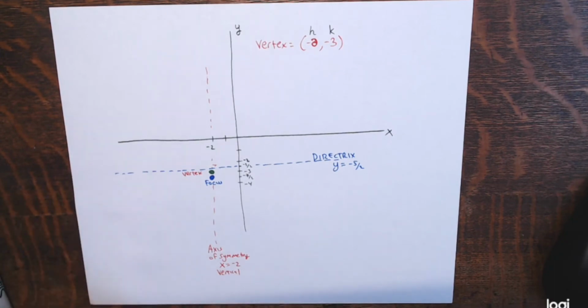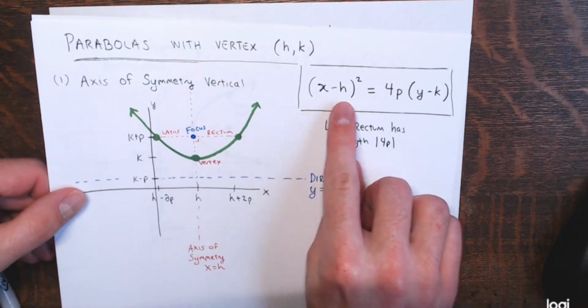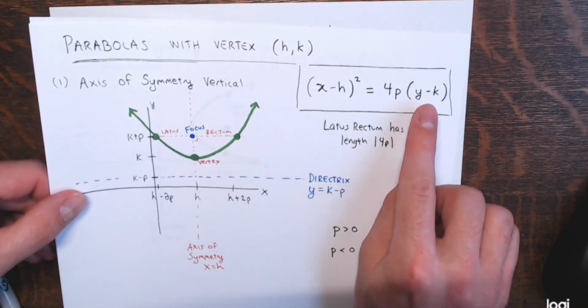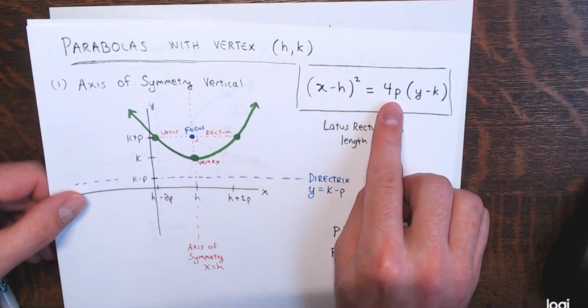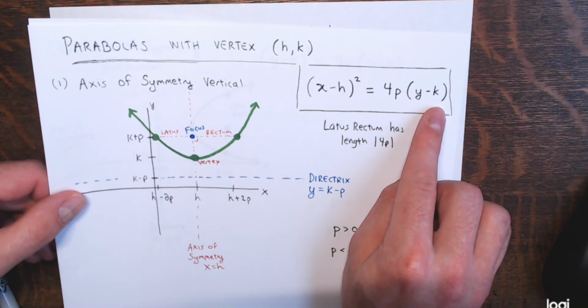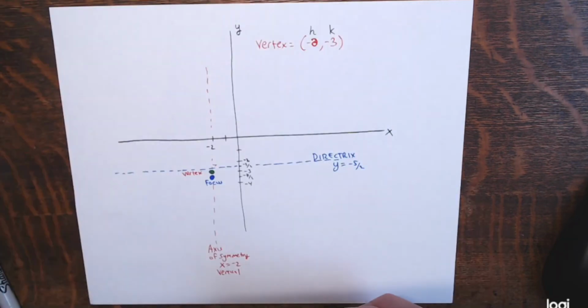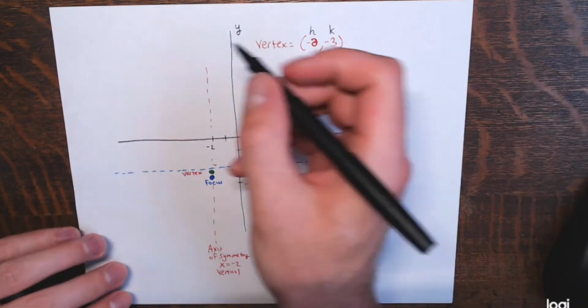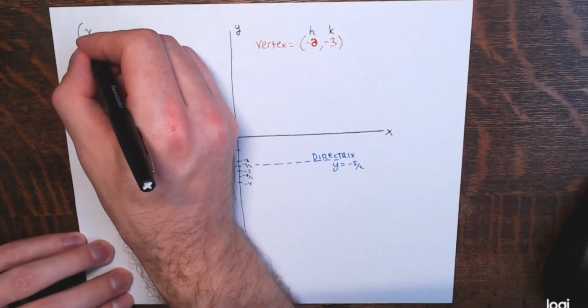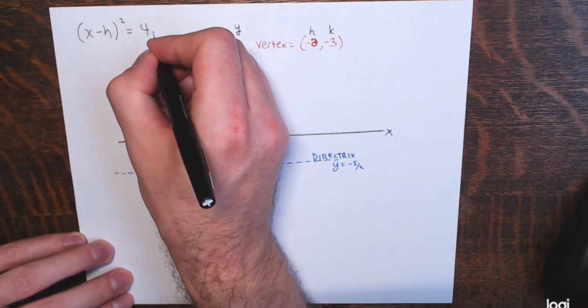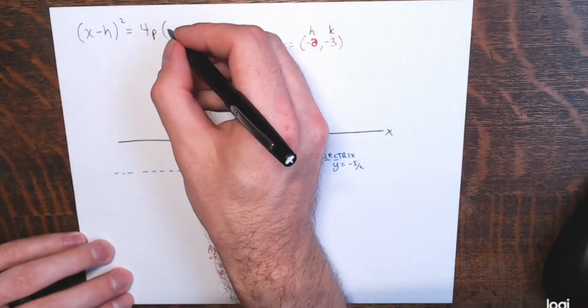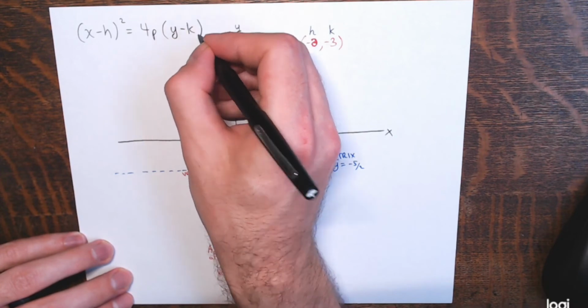When the axis of symmetry is vertical, the equation is going to look like this: x minus h squared equals 4p, we just need to find the value of p, times the quantity y minus k. Now we know h and k. We just need to know p. So I'm filling this in: x minus h squared equals 4p times the quantity y minus k.